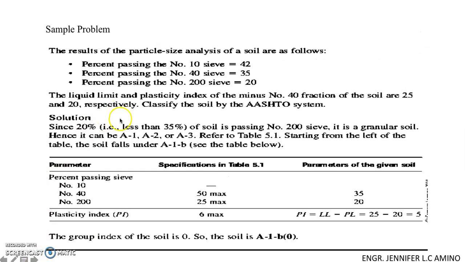So we have here a sample problem. Basically, this is the application of the AASHTO. You are given the number 10 sieve, which is 42, number 40 sieve, 35, and number 200 sieve, that is 20%. So you just have to make use of the AASHTO table. You read that one.